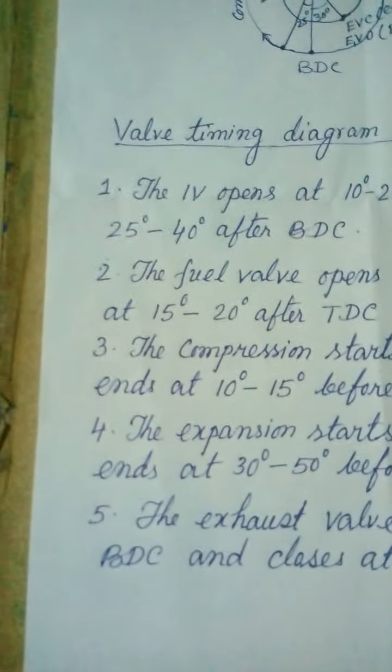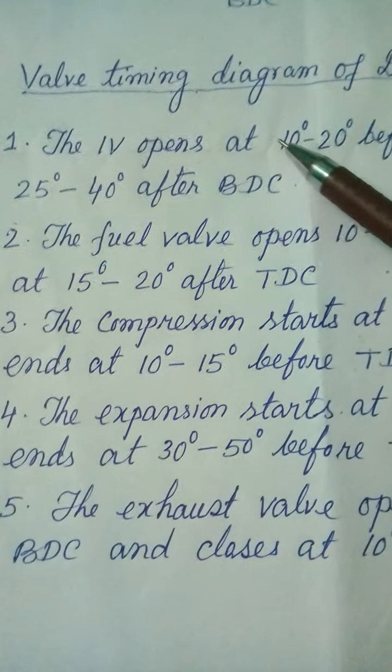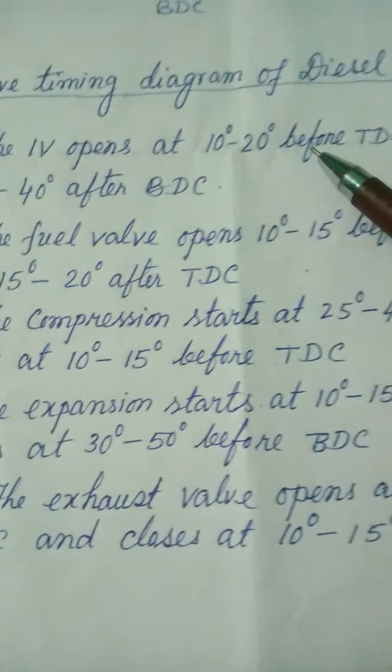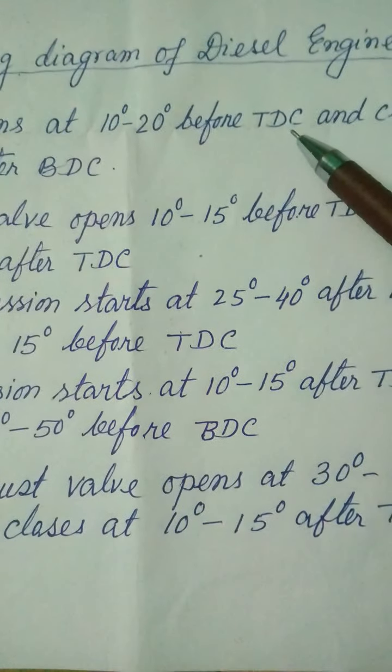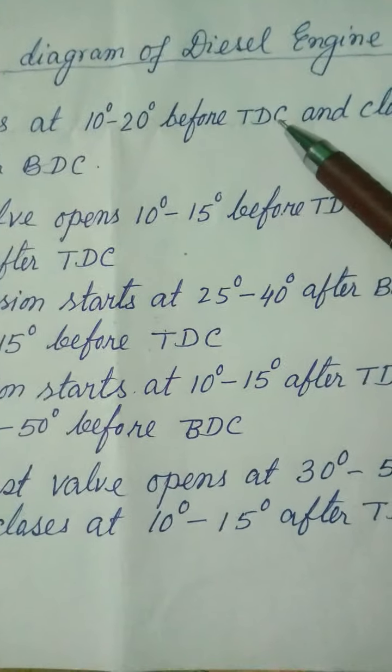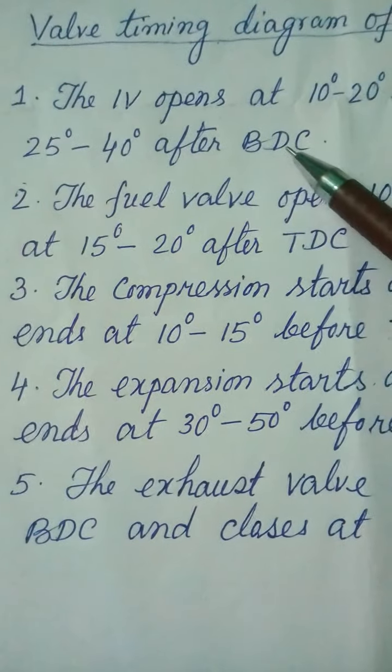Now note down: the inlet valve opens at 10 degree to 20 degree before top dead center. You know the top dead center is the extreme position of the piston in the cylinder. It closes at 25 to 40 degree after bottom dead center.